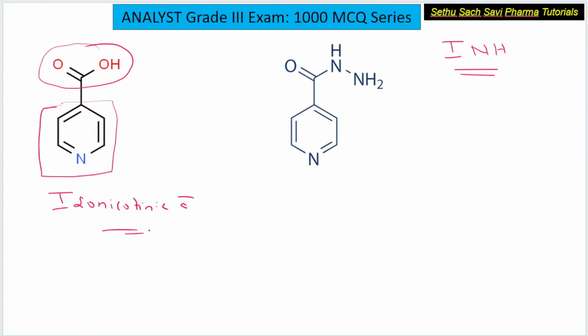Now in this isonicotinic acid you replace this OH and attach NH2NH2. If two NH2 groups are together, they are called hydrazine. So you replace that OH with NH2NH2.